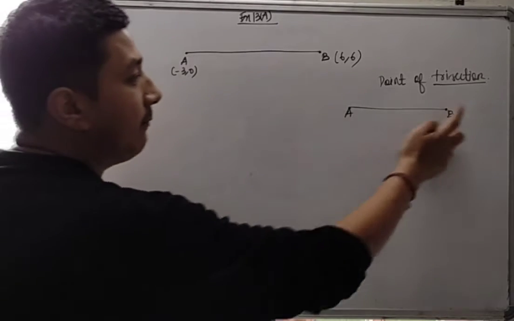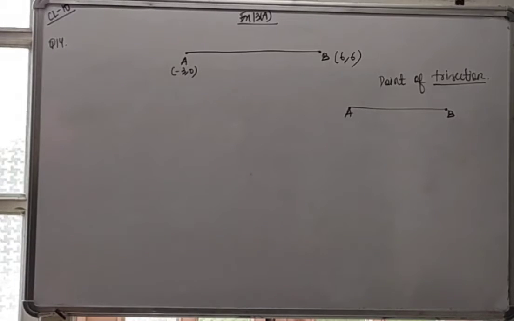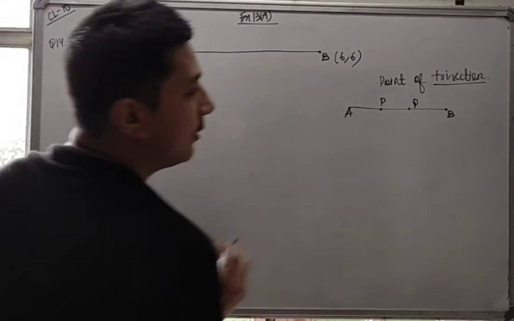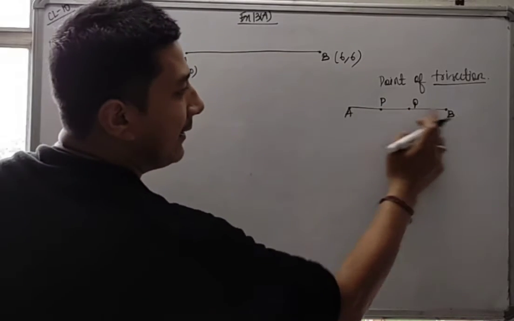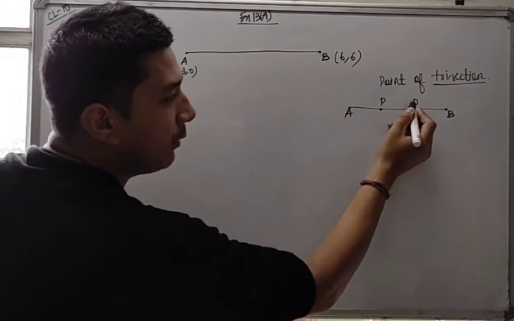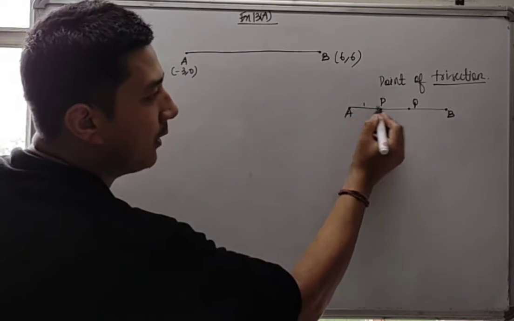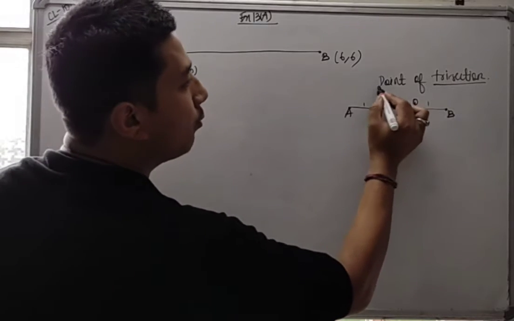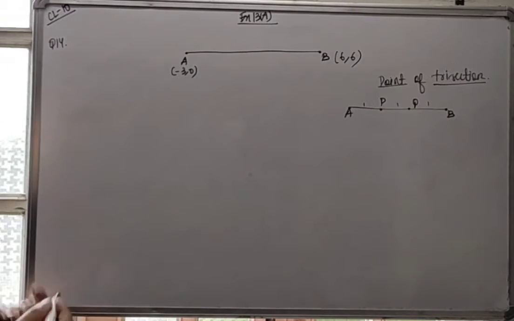If AB is a line segment and this line segment is divided by 2 points into 3 equal parts, am I clear? If this line AB is divided by P and Q into 3 equal parts, 1, 1, 1, then P and Q are called the points of trisection. Why trisection?